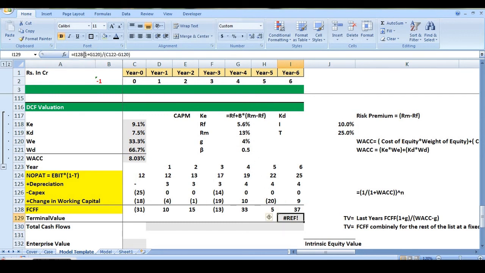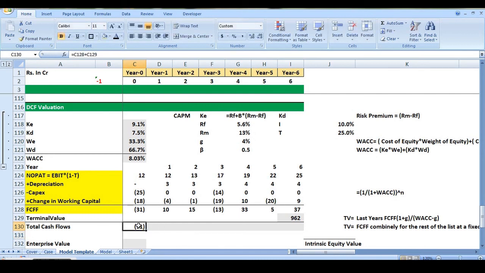Yes, I have forgot the multiplication formula here. So now it will give me the values as 962 terminal value. Means for the rest of the life of the organization, it will be generating 962 crores. Okay, and this will give me now the total cash flows as FCFF plus the terminal value.